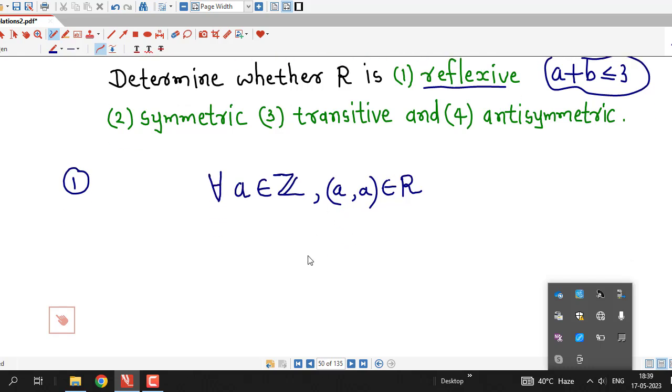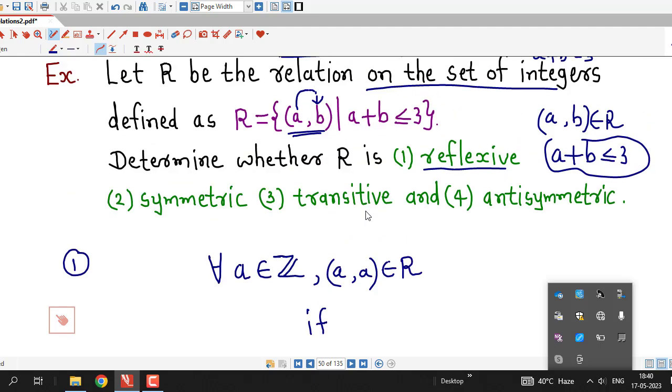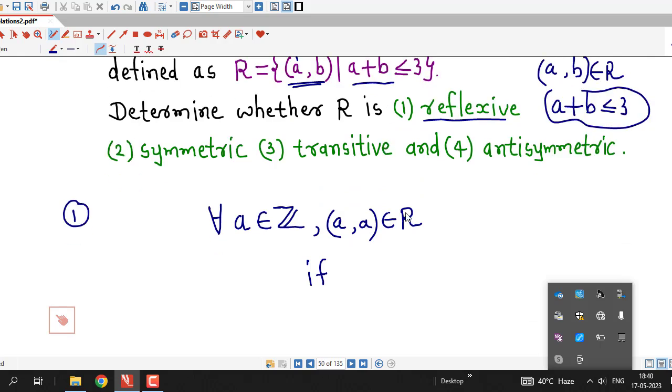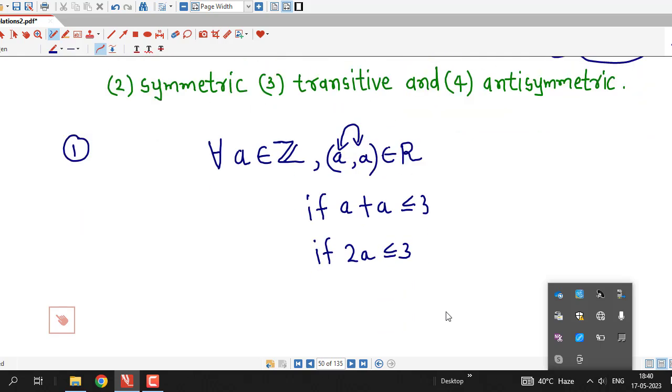Now if this is true, then we must have the condition A plus B less than or equal to 3 satisfied. Here both the components are equal, so (A, A) belongs to R if A plus A is less than or equal to 3. This is true if 2 times A is less than or equal to 3, and this is true if A is less than or equal to 3 by 2.